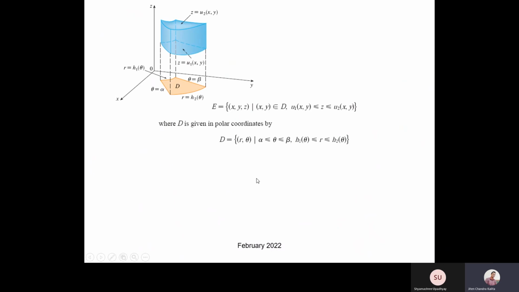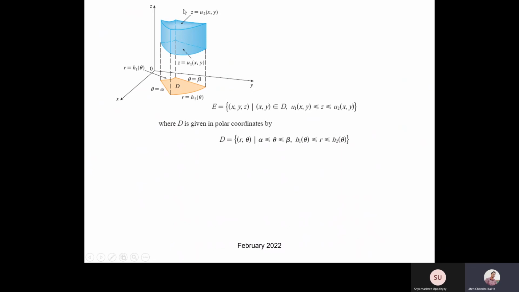Now, if you want to perform an integration in cylindrical polar coordinates, firstly, again, we are going to consider a polar cylindrical box like this.